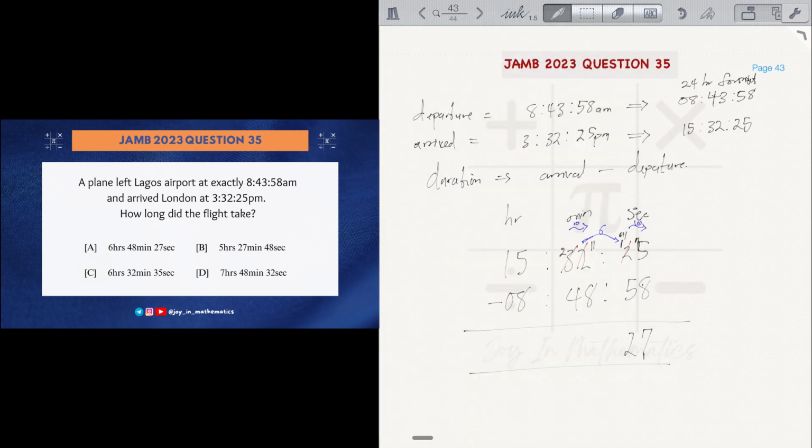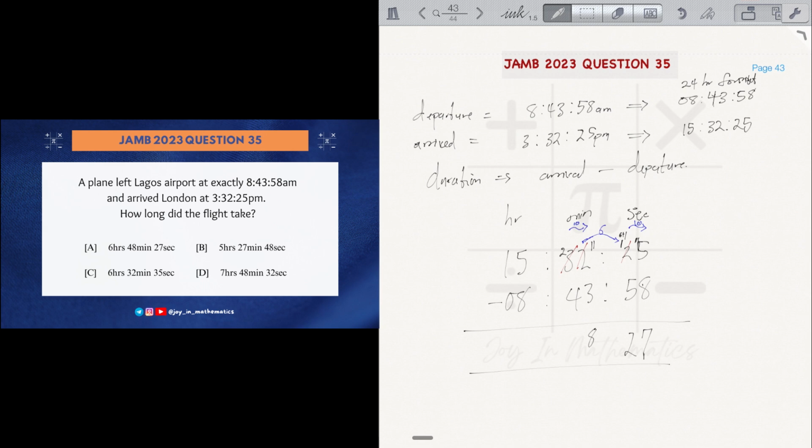So 11 minus 3, because it is 43, is 8, and we want to evaluate 2 minus 4, which is not possible.